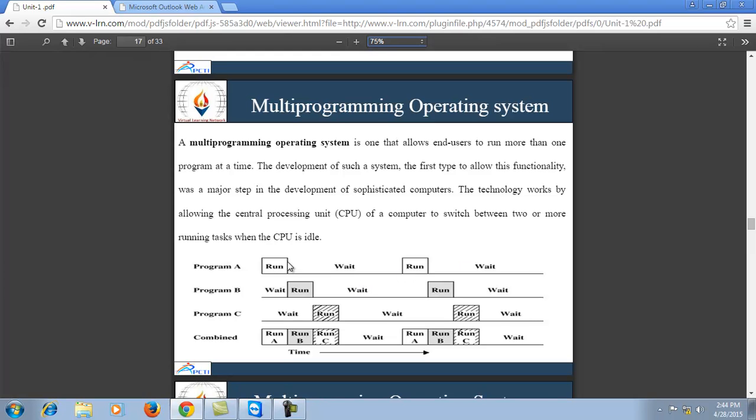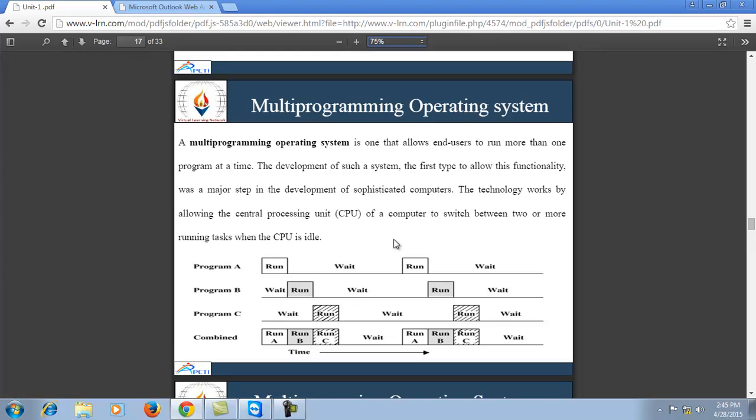Program B, in the free time slot, puts in its content and executes, and there is waiting time, but there is no collision. It will complete here, and at the same time the next process is getting started here. There is no collision between them. At the same time, program C is going to start, and there is no collision between them. They are searching for free slots to execute their tasks.